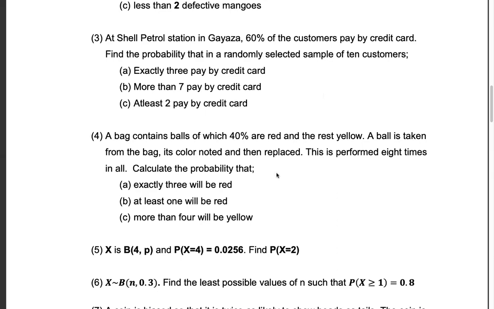So P(X = 3) is 8 combination 3 times 0.4 to the power 3 times 0.6 to the power 8 minus 3, which is 5.